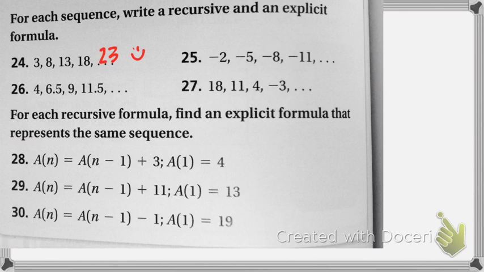What's the next number? -14. Number 26. 4, 6.5, 9, 11.5. What's the next number? $14.